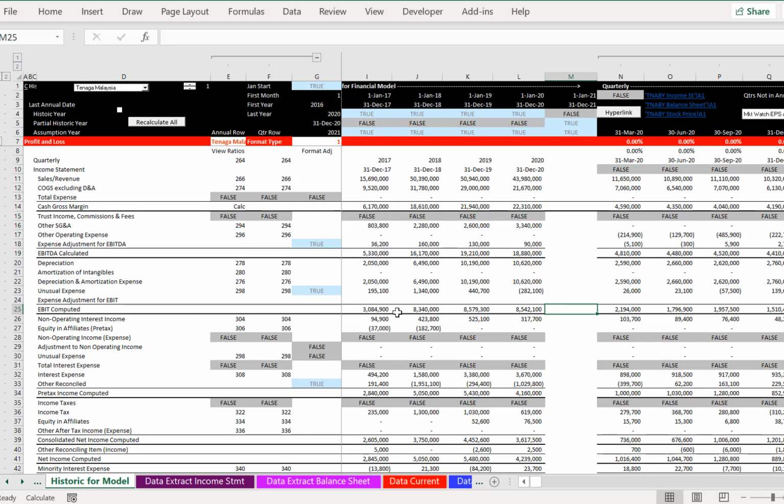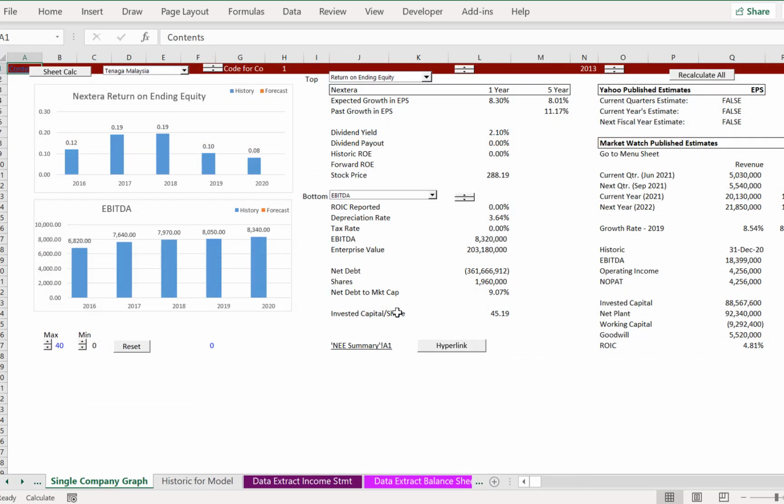You can have a historic period that's annual, then quarterly, and then however you want to do your forecast, a different timing. Getting that timing right is crucial in every single model. Okay, and the only other thing is that Market Watch doesn't really have good data on stock prices.